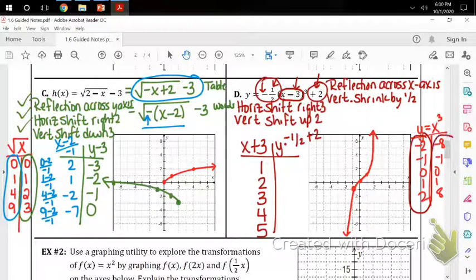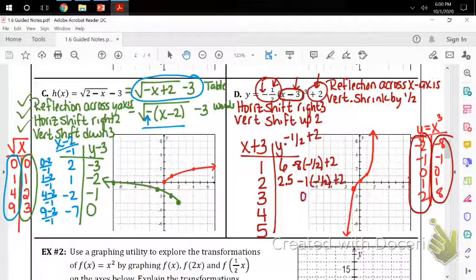So let's take these y values, and let's do that. So we got negative 8 times negative 1/2, which is 4, plus 2, which is 6. Then I have negative 1. Negative 1 times negative 1/2, which is 1/2, plus 2, which is 2.5.